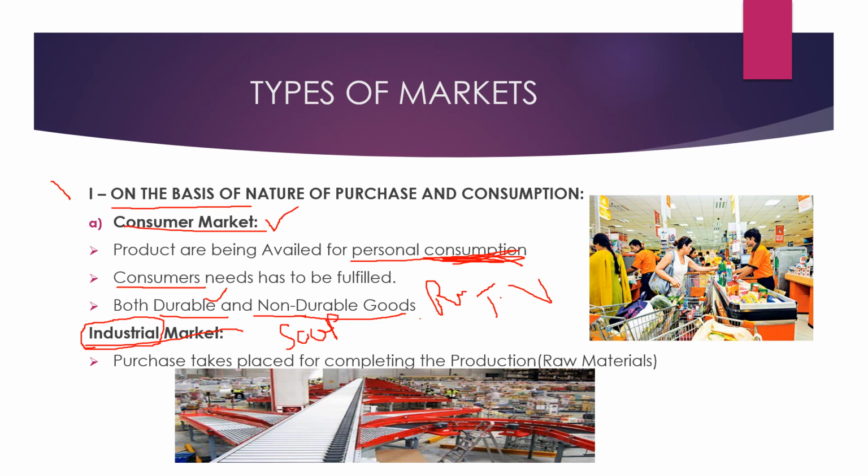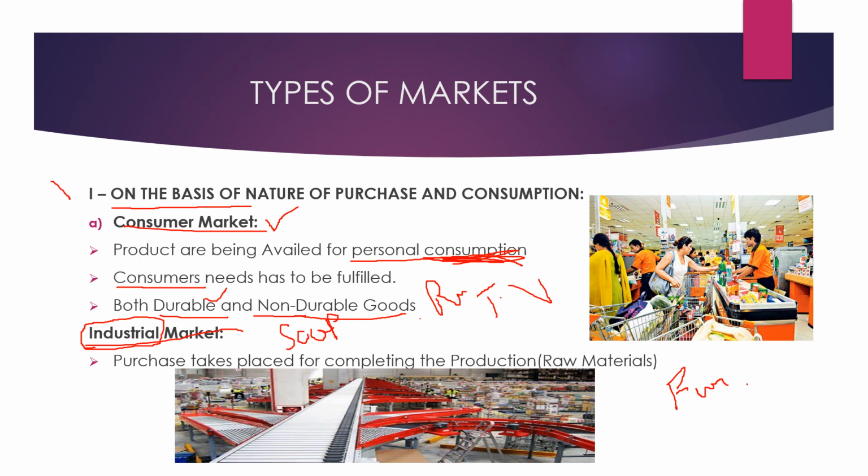And the next one is industrial goods. Industrial goods are those used for further production. So here they will be making and selling for the production, so further productivity is their major role.